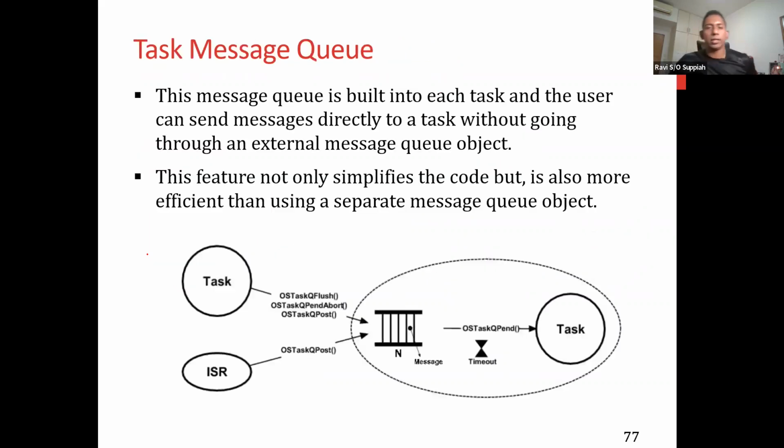The other alternative, which is also very useful, is the direct naming mechanism. That means instead of putting everything in a generic message queue, I want to directly send to a particular task. In this case I not only simplify my code, but it's also more efficient than using just the message queue, which I will show in a demo later.